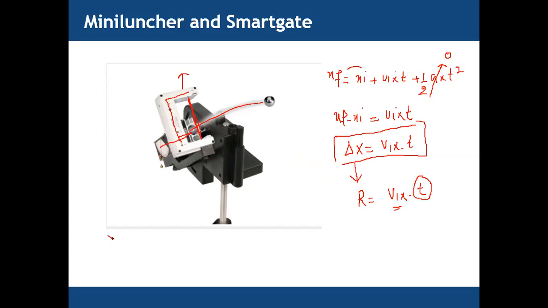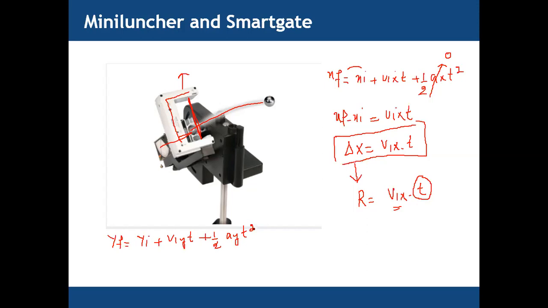If we have y final equals y initial plus Viy t plus half Ay t squared. Clear?